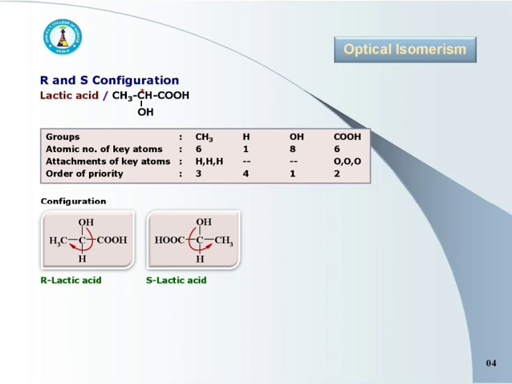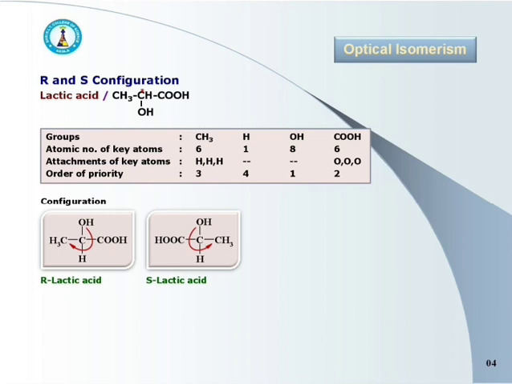So, the overall order of priority is first OH, second COOH, third CH3, and fourth, the last priority, to hydrogen. Now see the first structure of lactic acid.